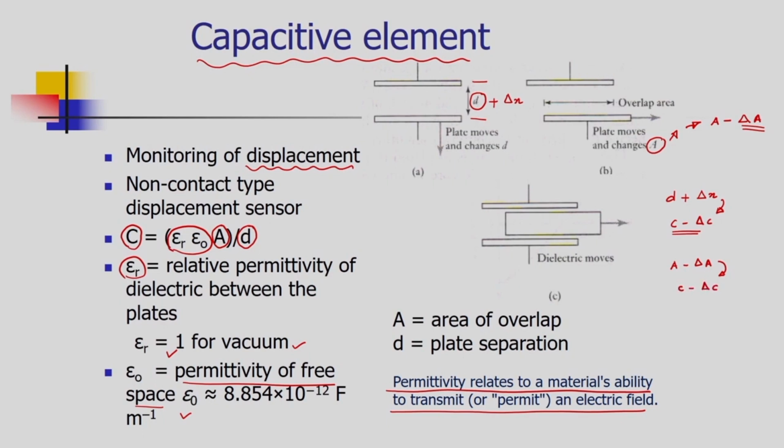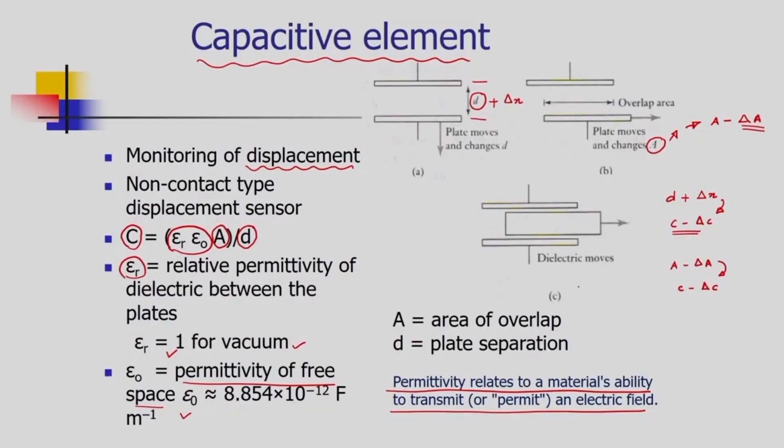Let us consider one of these plates is attached to the mechanical element in our domain, then by changing the separation or the overlap area, we can easily measure the change in capacitance. Of course, change in capacitance is the passive output that we are getting. We have to convert the change in capacitance into a change in voltage value.